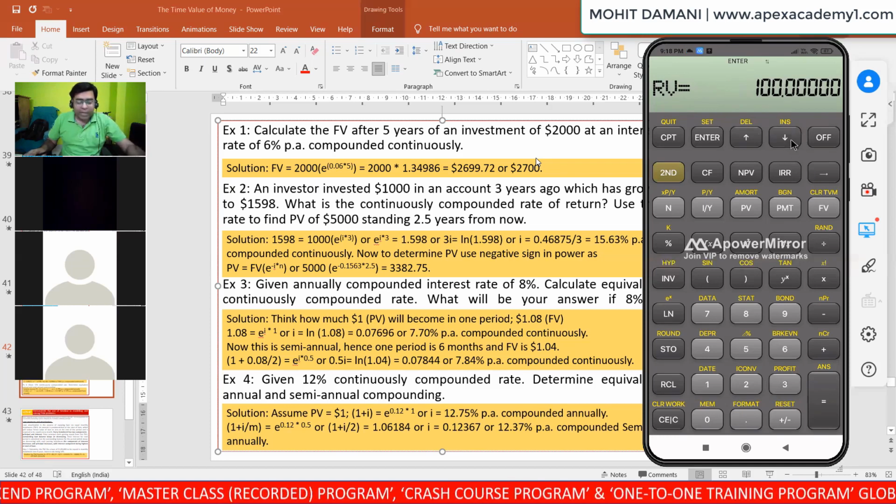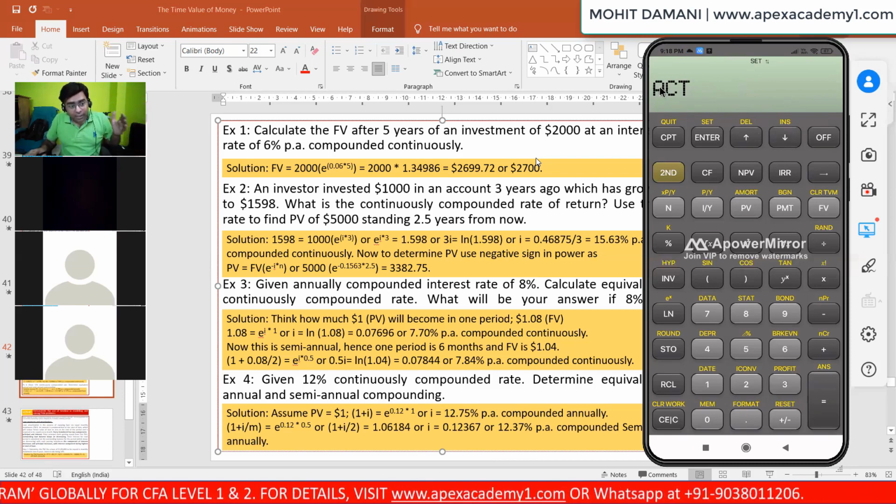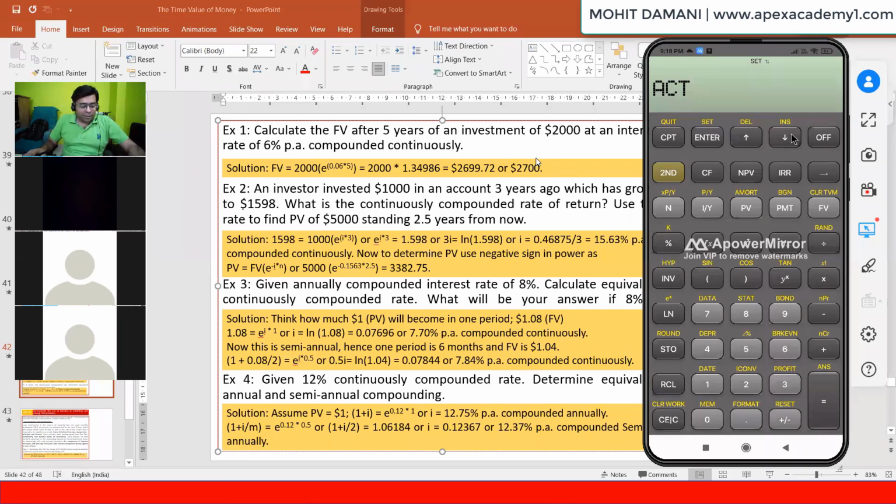So move ahead. If it would have been 1000, we would have entered 1000. Actual or 360, we can do both, and in fixed income you will be required to do both. So you can switch. Basically we take it as actual only. Actual means 365 days in a year, and 360 means you are reducing the number of days, making calculation easier.